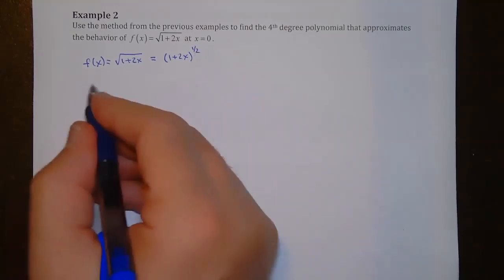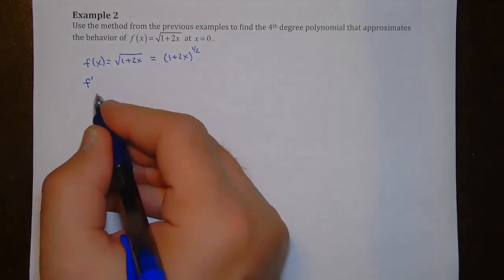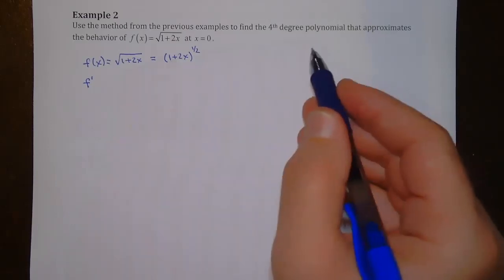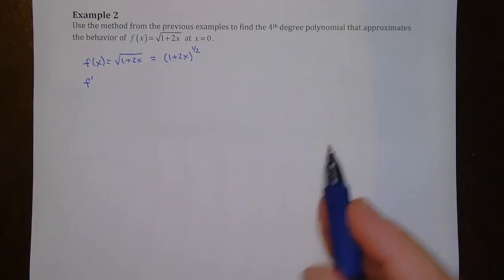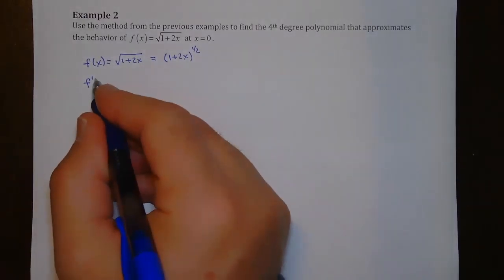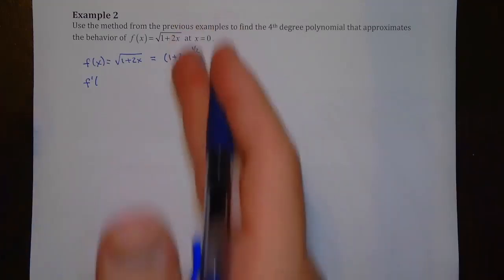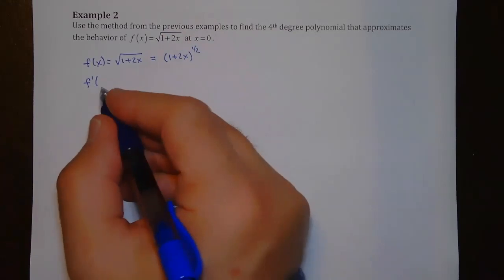So what's f prime of x? And I like to always do the derivatives first and then start putting them in. You could do it this way: find the function, put 0 in, find the first derivative, put 0 in, second derivative, put 0 in. There's no problem with that, because at the end of the day, nobody's going to know which one you did first, if you did all the derivatives or if you found the values first. I just like to do all the derivatives first.